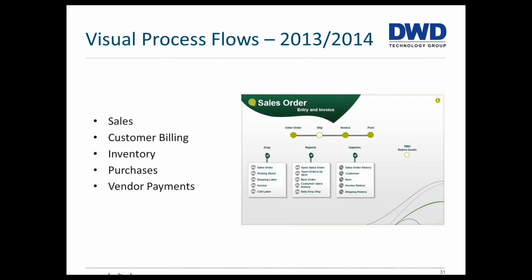And as you notice on the little diagram on the right-hand side here, you can see what is the visual process flow. Basically what we've got is the sequence of steps and graphical depictions, so that if I click on something, if I click on the words enter order, if I click on the little dot that is underneath enter order, I am going to get the sales order data entry screen to pop up.